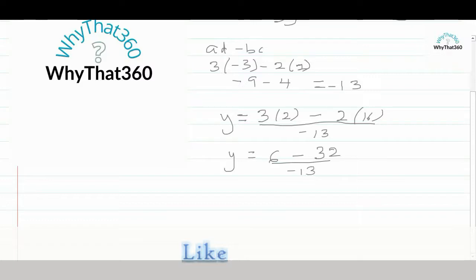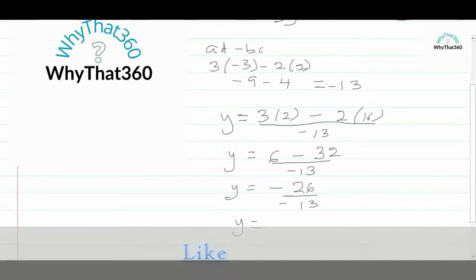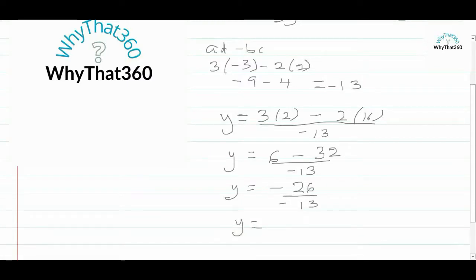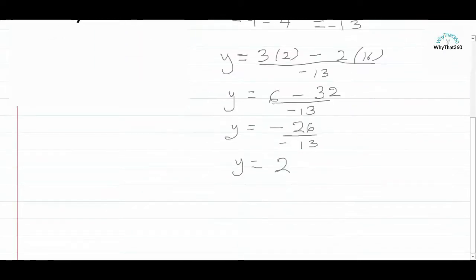Then we get y equal to 6 minus 32, which is negative 26, divided by negative 13. Finally, this will be positive, since we have two negatives, one at the numerator and one at the denominator. So 13 into 26 is 2. So we get the value of y to be 2. And that's the value of y.